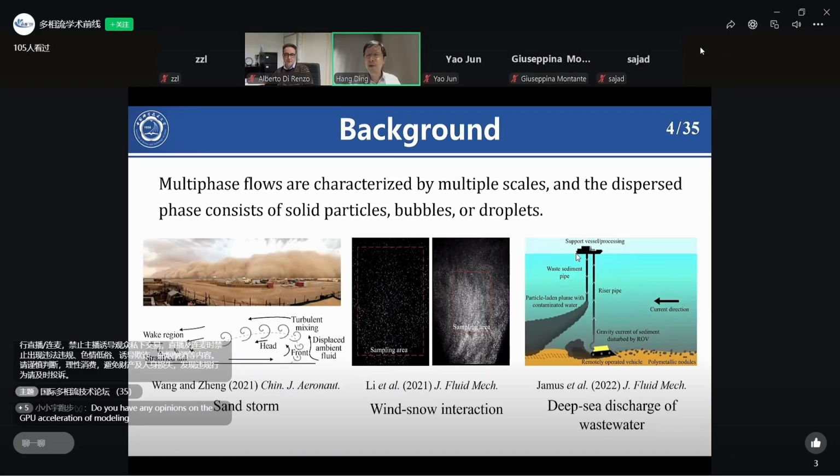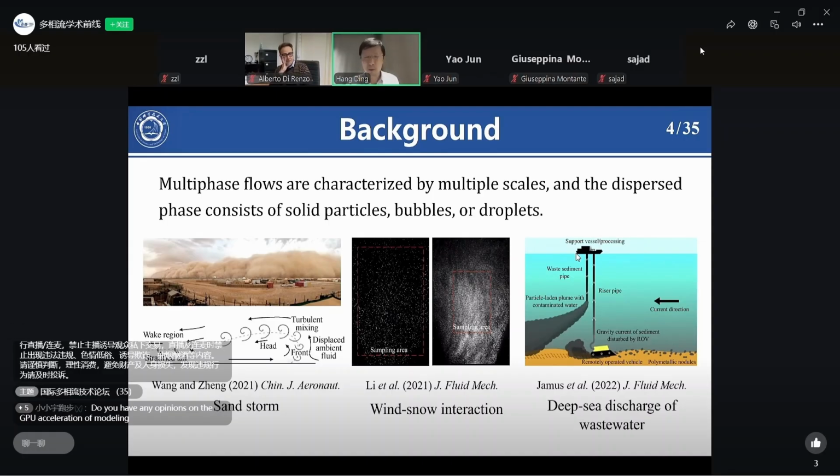Okay. Just now, Professor Montati gave a brilliant introduction about the multiphase flows. Here, I would like to emphasize that for all these multiphase flows, the important part is the dispersed phase. The dispersed phase could consist of solid particles, bubbles, or droplets. All these multiphase flows you can find in nature, like sandstone or in the wind-snow interaction, or in industrial applications.